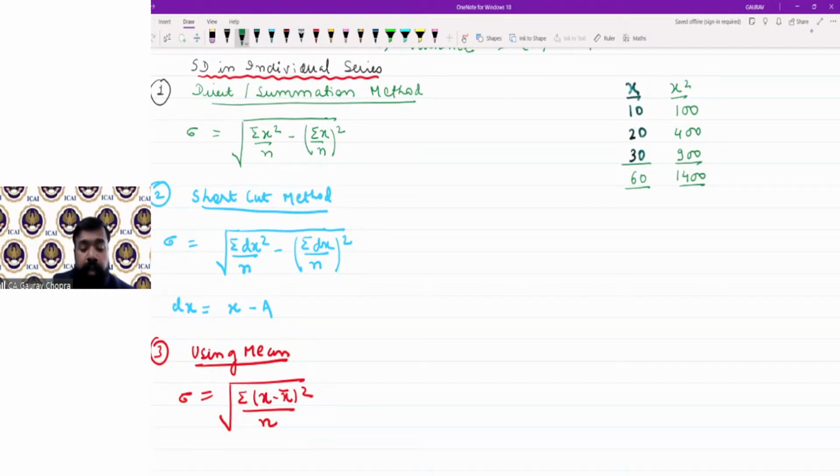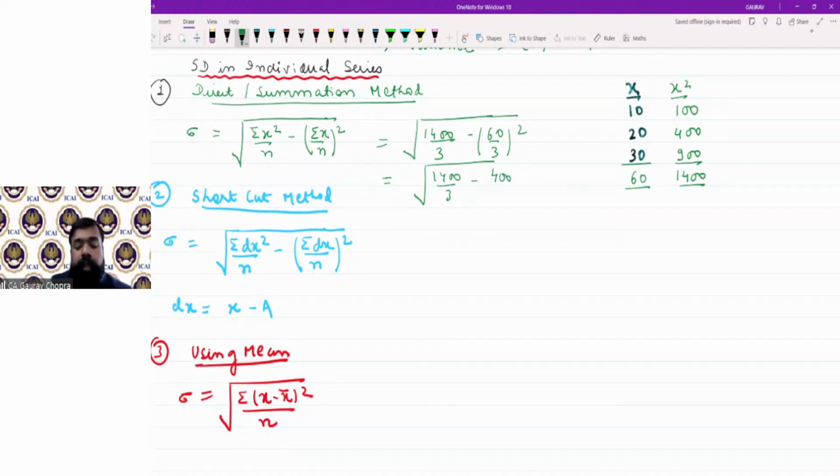Now, applying the values in the formula, sigma x square upon n is 1400 upon 3 minus 60 upon 3 whole square. Now let's solve. 1400 upon 3 minus, what is 60 by 3? 60 by 3 is 20 and 20 square is 400.